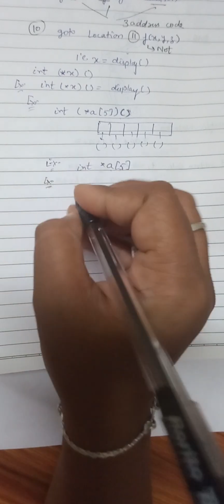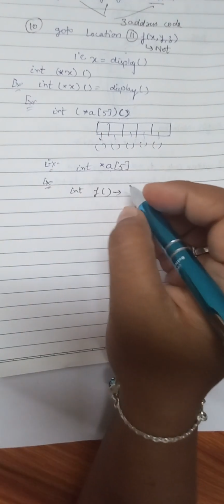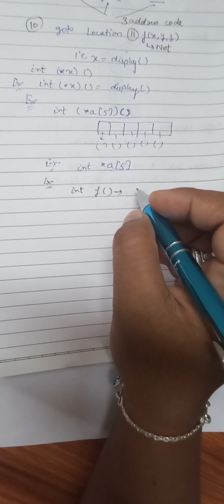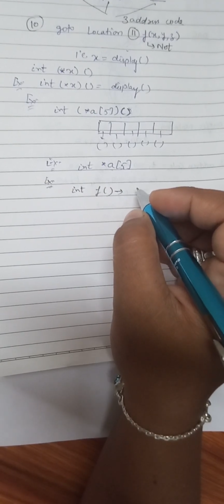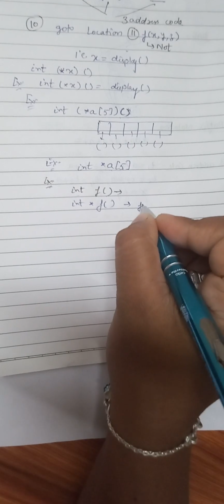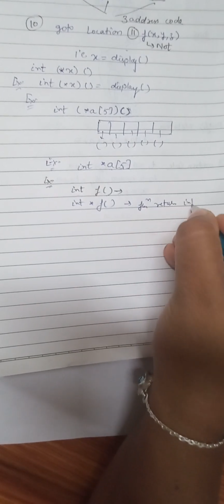We can say, if we are given another example like integer f, what is it returning? It is returning a function which is of integer type. And if we write like this, it is returning a function which is of integer pointer.